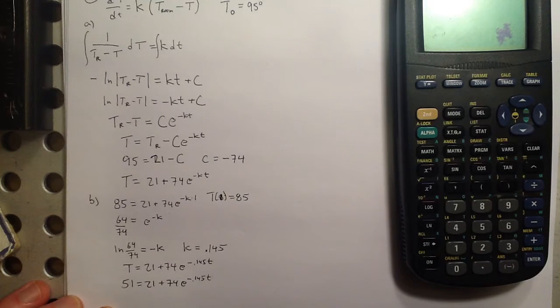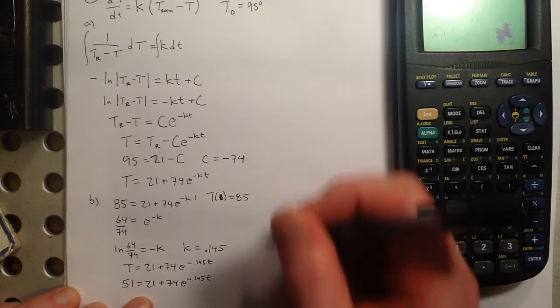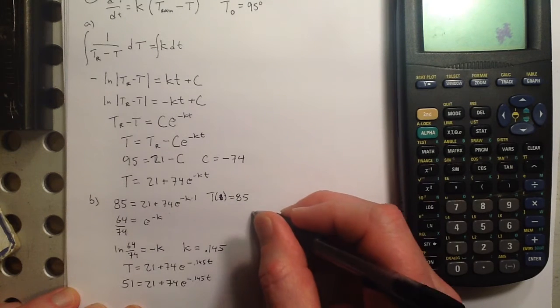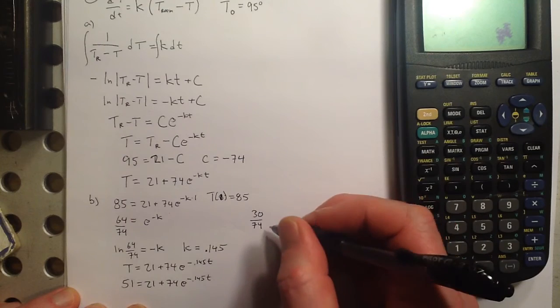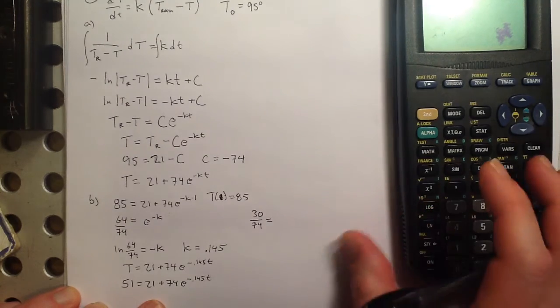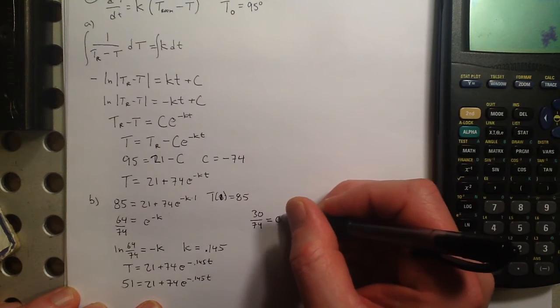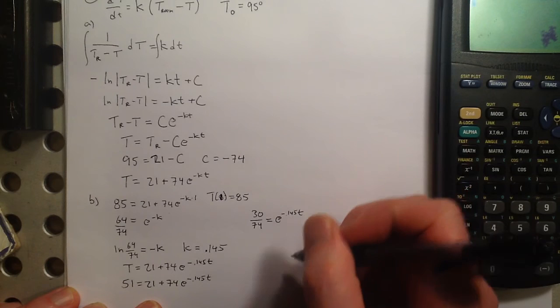And then I just need to do some pre-calculus kind of math to solve for t. So subtracting this over here gives me 30, and divide by 74. So 30 over 74. You can reduce that if you want, but no reward really, because we're calculator active. e to the negative 0.145 t.